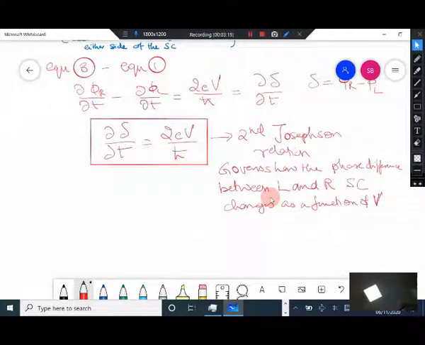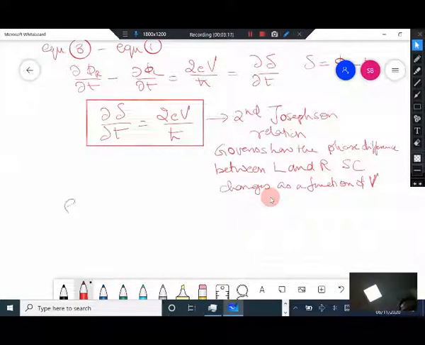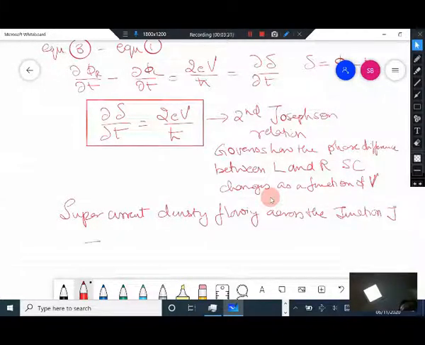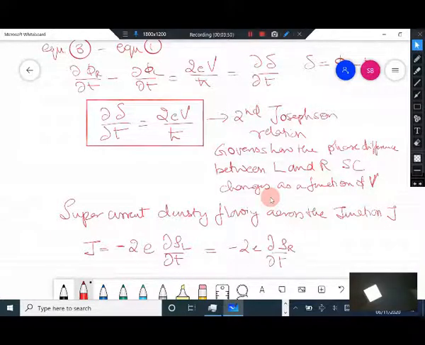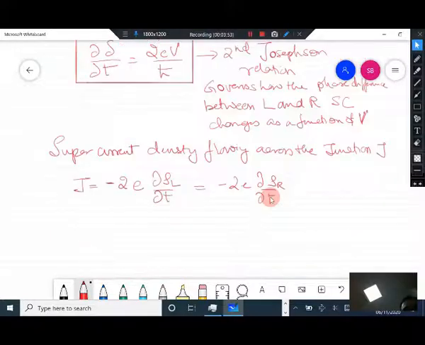And if you consider the current density, the supercurrent density flowing across the junction, J is equal to minus 2E into del rho L by del t, or it could be del rho R by del t. The rho L and rho R expressions are exactly identical. It is also equal to minus 2E rho dot, because rho L and rho R on the average are roughly constant; their mean values are roughly constant.